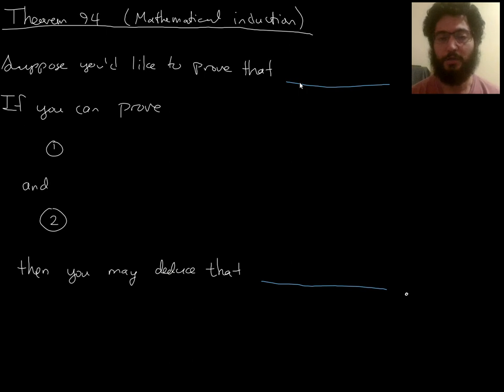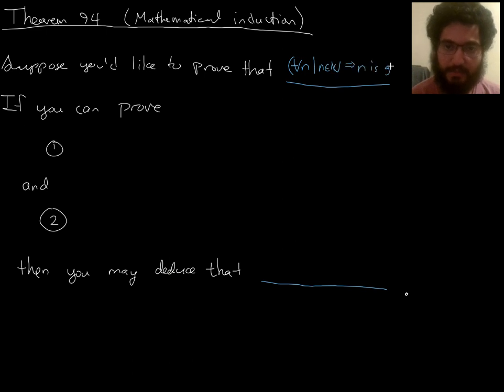As a placeholder, I'm going to use being green, just because that's something I've been using. So let's say you want to prove that all natural numbers are green. So that can stand for any property that you're trying to prove they all have. So for all n, n a natural number implies n is green.